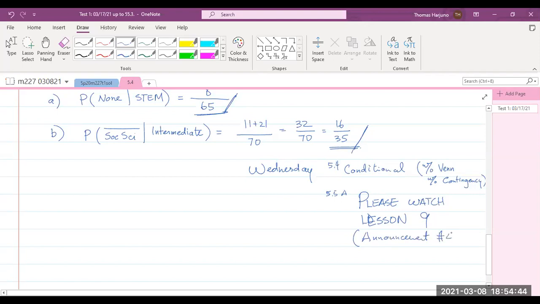Okay, announcement 4, we have lesson 9 already. Lesson 9 is the first half of 5.5, and lesson 10 is the second half of 5.5. So I basically spent like 1 week for that one section 5.5.